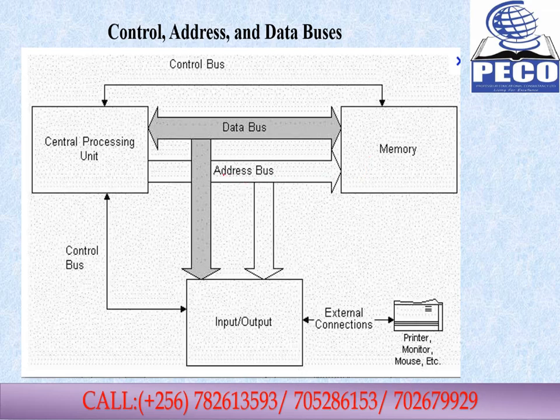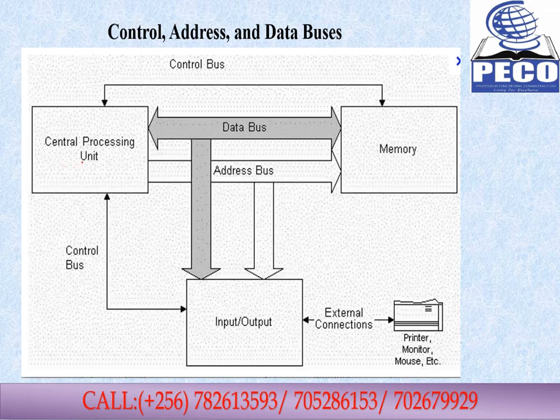So we need the address bus for sending a message to a particular location when we want to access a data item for processing. And when the particular data is to come for processing, it will follow the data bus.